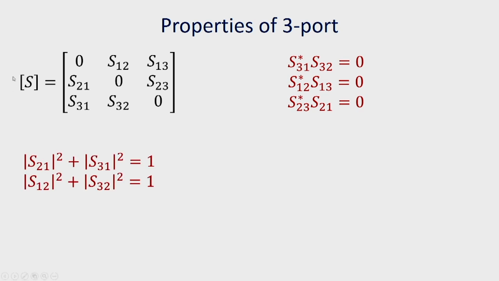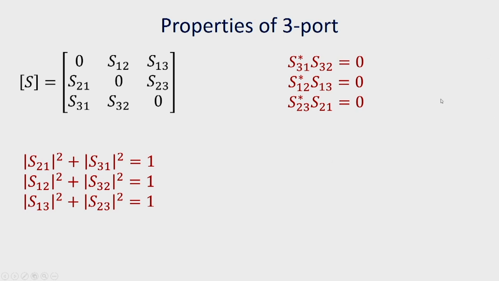And also if we look at the individual columns, magnitude of S21 square plus magnitude of S31 square equal to 1, and similarly for the other two columns.